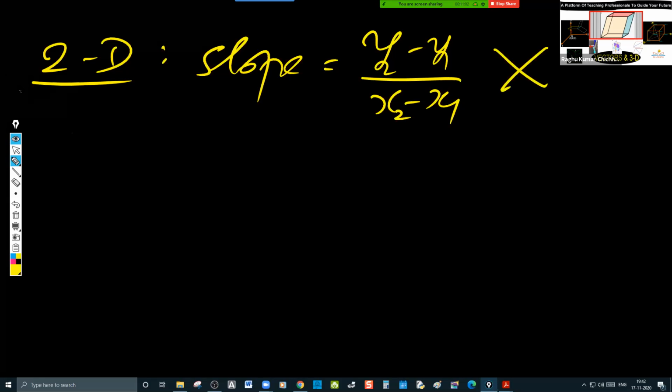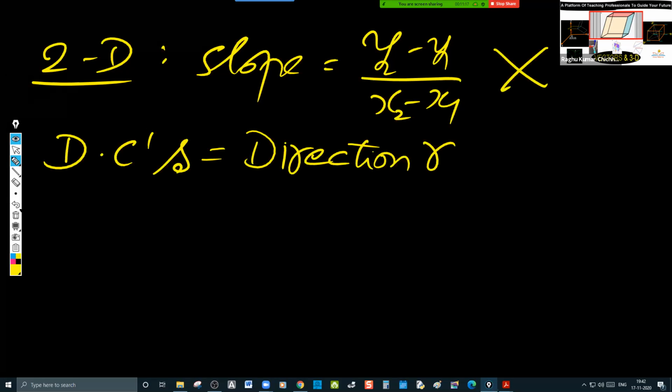So in one way, we can say that the slope is replaced by DCs, direction cosines, in three-dimensional geometry. So what are the direction cosines?